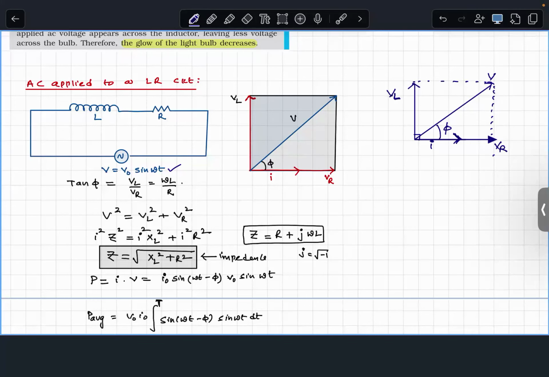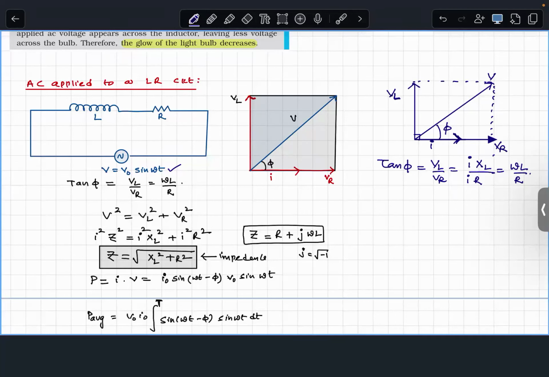And remember, tan phi can be written as VL by VR, which is I into XL by I into R, that is omega L by R. That is tan phi. And you can find cos phi also.